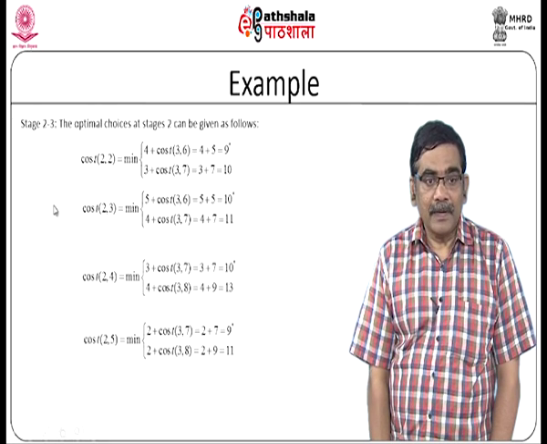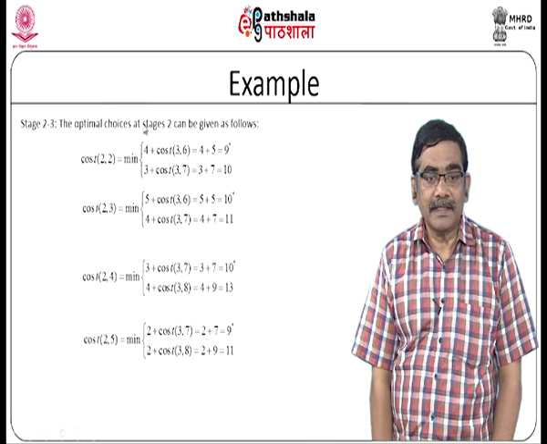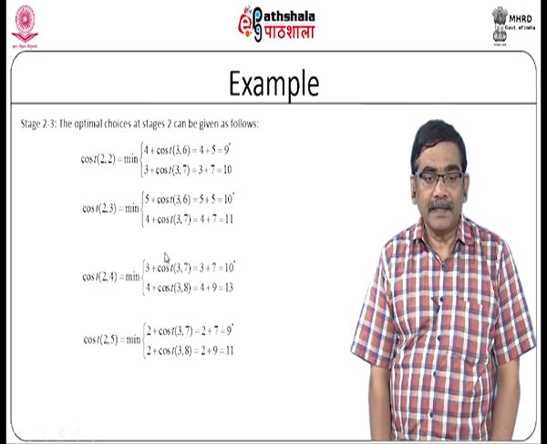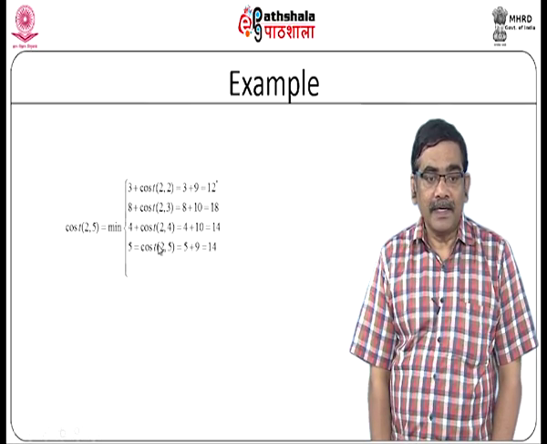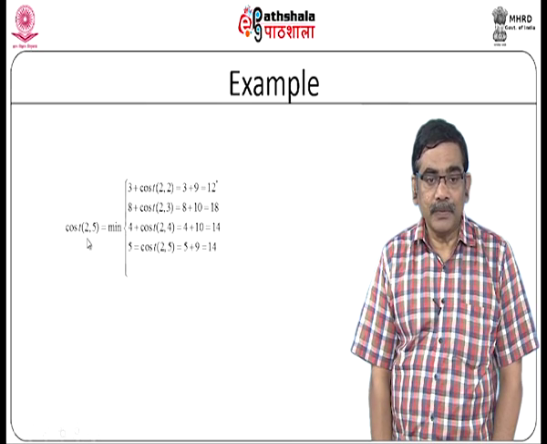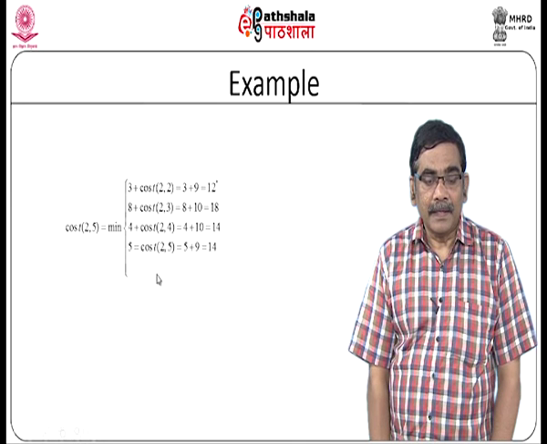Next I will go to stage 2, so I have to find the optimal choices at stage 2. You can see the computations, and finally I come to stage 1, where your source is.